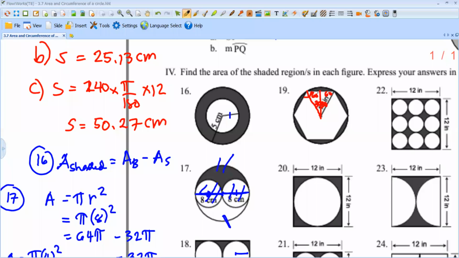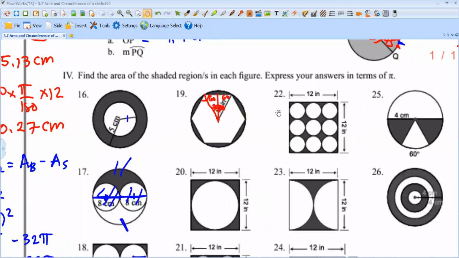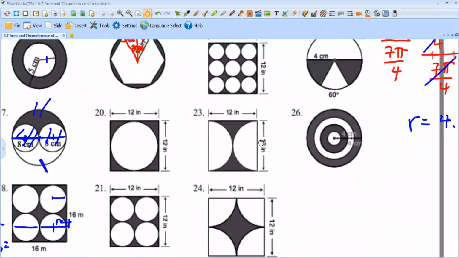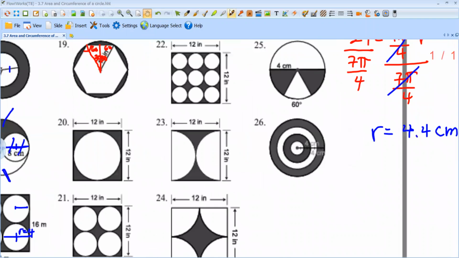We need the area of the circle minus the area of the hexagon. So how many triangles can we form in a hexagon? There are 6. I will solve number 19 here.